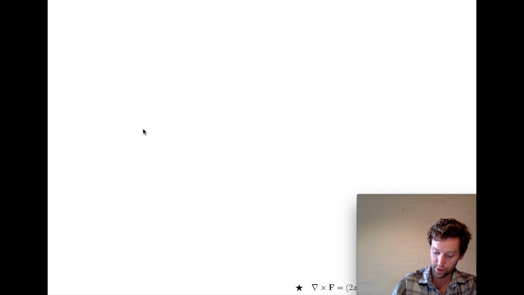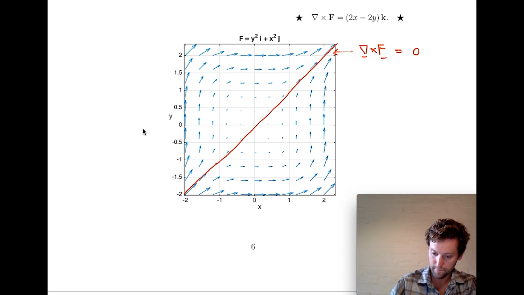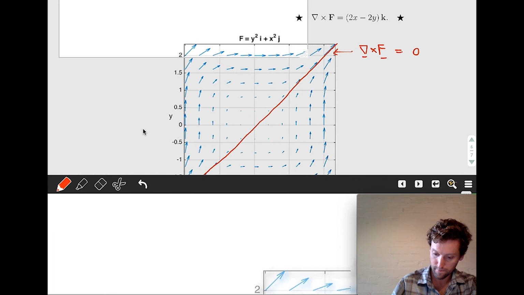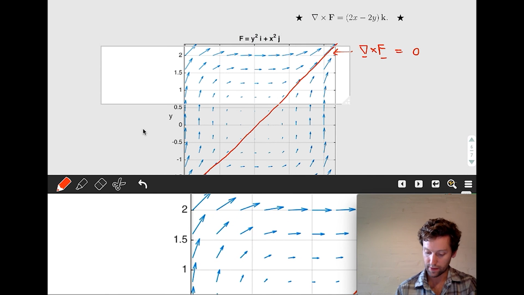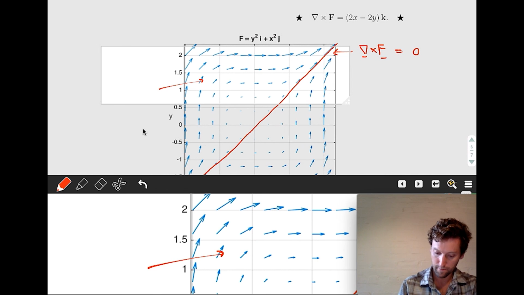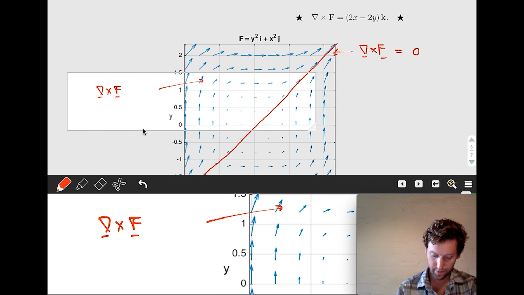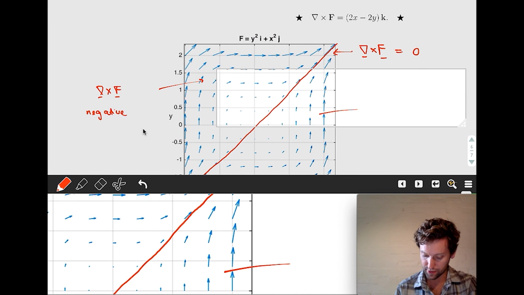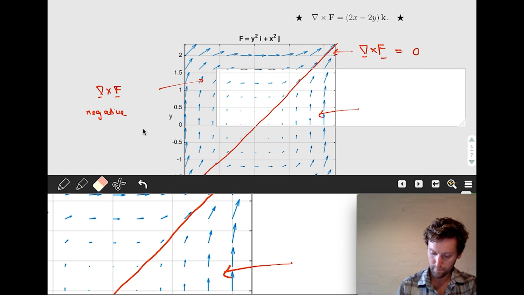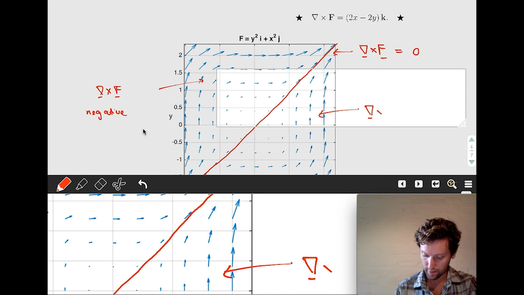So sketching what that looks like, we can see that this is the region where I've got curl negative in the z direction, and this is the region where I've got curl positive in the z direction.